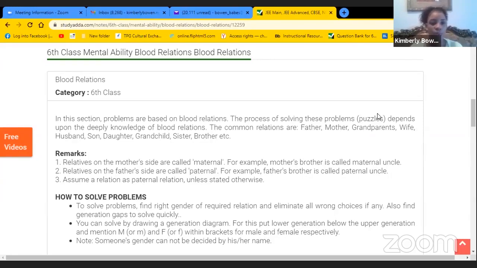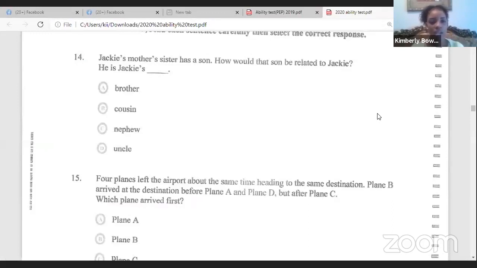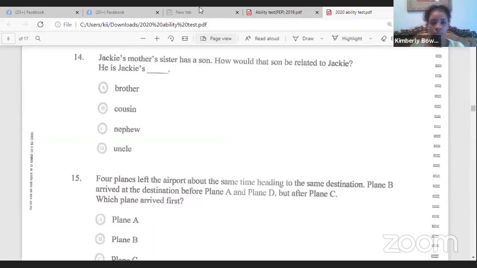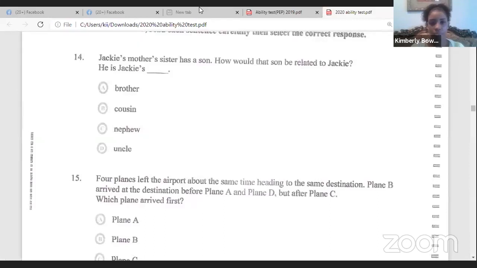So this is the actual past paper, and the question says, Jackie's mother's sister has a son. How would that son be related to Jackie?